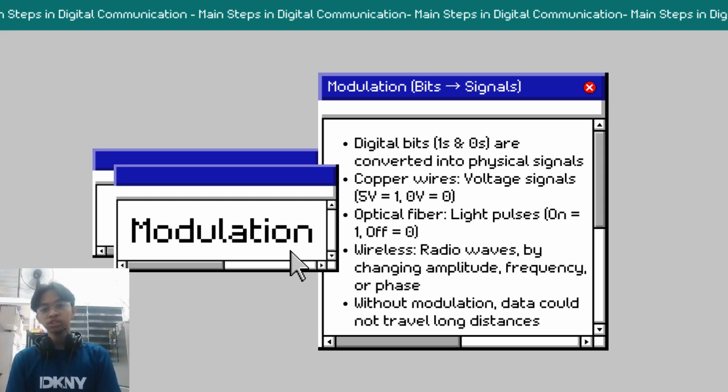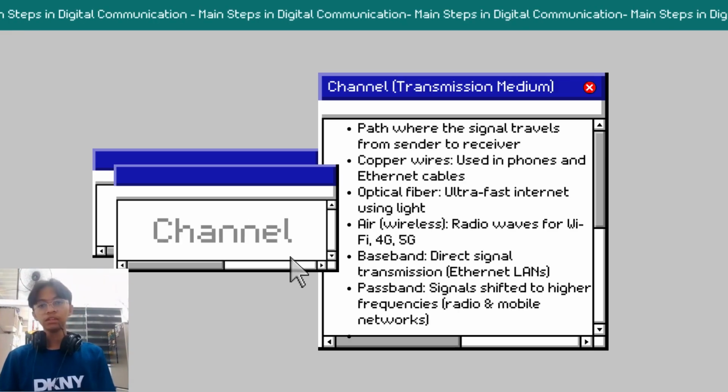But signals don't just float in space by themselves. They need a medium, a path to travel. Let's talk about the channel, which is the medium I'm talking about. The channel is simply the path that signals take from sender to receiver. We have different types of channels. Copper wires, as in traditional phone lines and Ethernet cables.